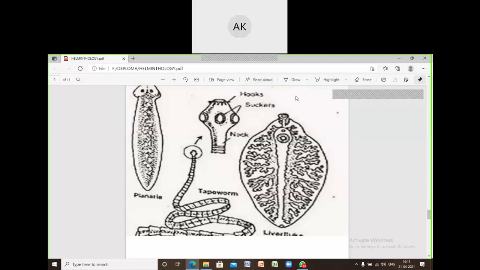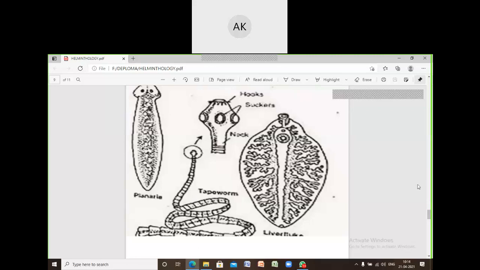Bilaterally symmetrical means if you cut in the middle, you get this area and this area similar, mirror images of one another. That is known as bilaterally symmetrical. The tapeworm is the cestode and this is a tape-like structure, and this is the trematode, which is a leaf-like structure.